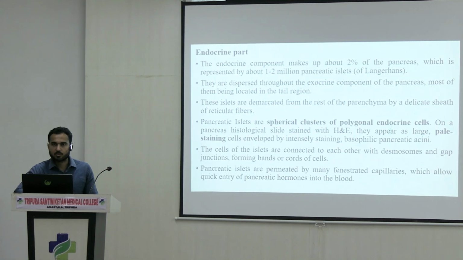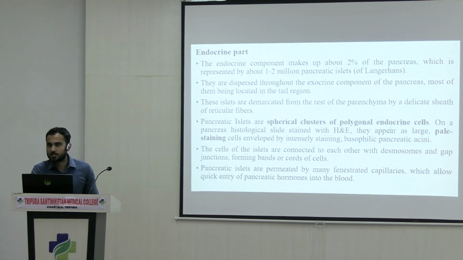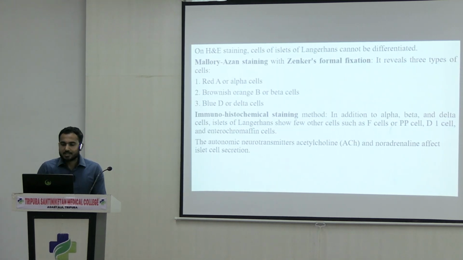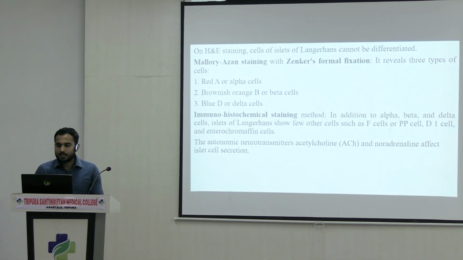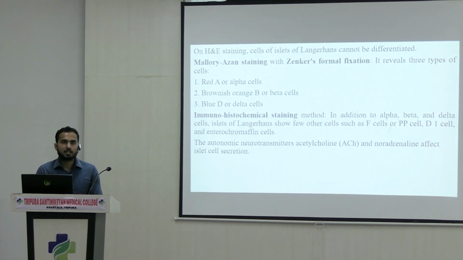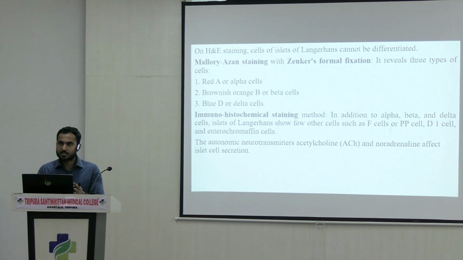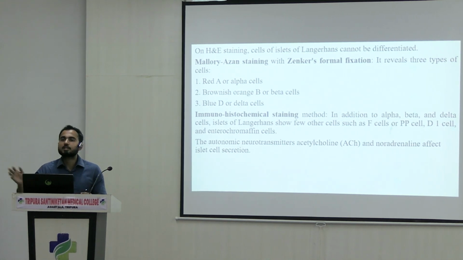But in the endocrine part, instead of the duct system, you can see fenestrated capillaries. Now on H&E staining, the cells of the islets of Langerhans cannot be differentiated. This is very important. If we use H&E staining, you can see a cluster of pale staining cells, but you can't differentiate the individual cell types.